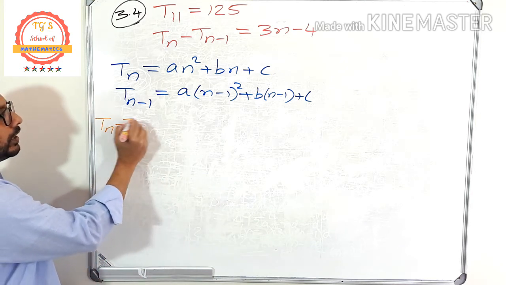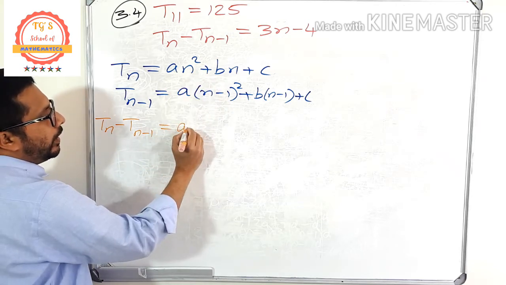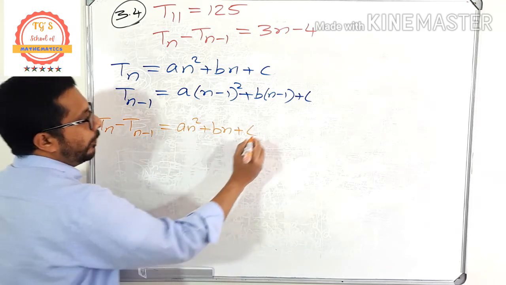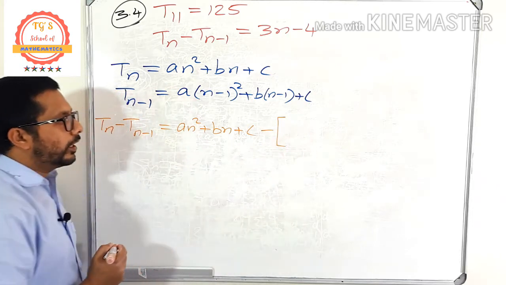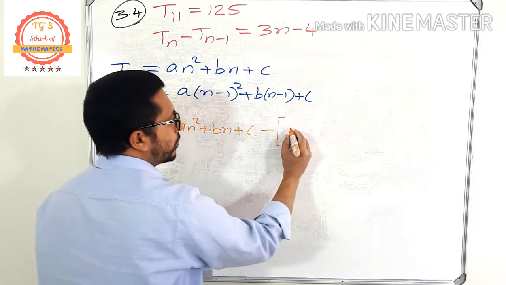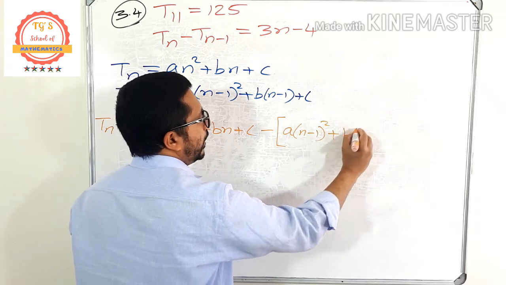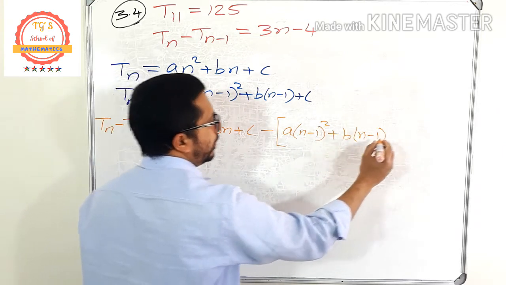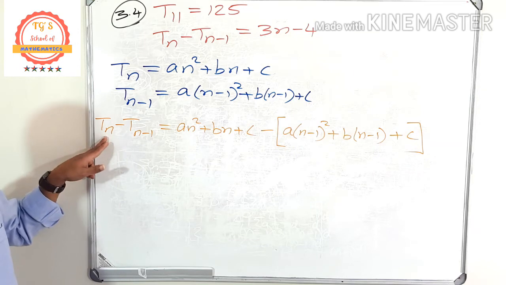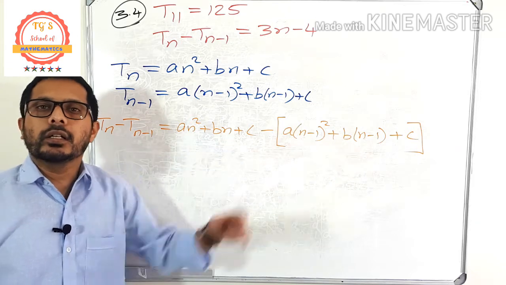Tn minus Tn minus 1 is an square plus bn plus c, minus, in a bracket, a into n minus 1 the whole square plus b into n minus 1 plus c. We have to expand the brackets and simplify.